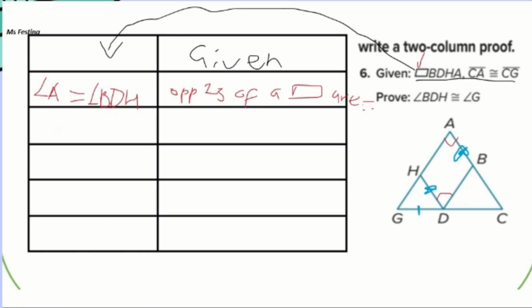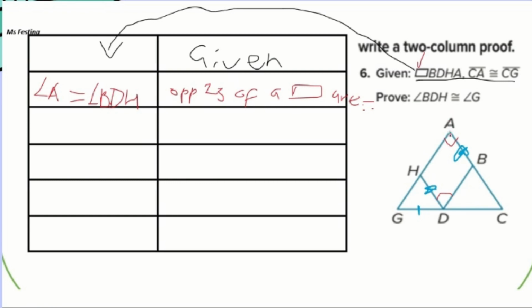But I'm just going to go and write the steps that matter the most. So if we have established that this line AB is equal to line GD, then that will also tell us that line GD will now be equal to line HD, okay? So line GD will now be equal to line HD. And if they are equal, we know that this makes this triangle an isosceles triangle.